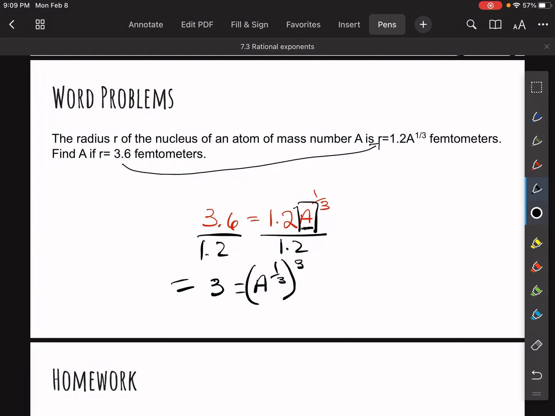If I have a 3rd, and I take it to the 3rd power, these cancel and I'm left with A. But if I do that to one side, I also have to take the 3rd power of the other side. Therefore, A is equal to 3 to the 3rd, or 27. 3 to the 3rd power is 27. Okay, so there's how we solve for that atomic mass number.